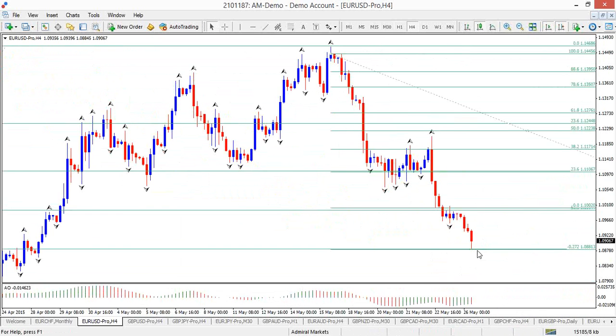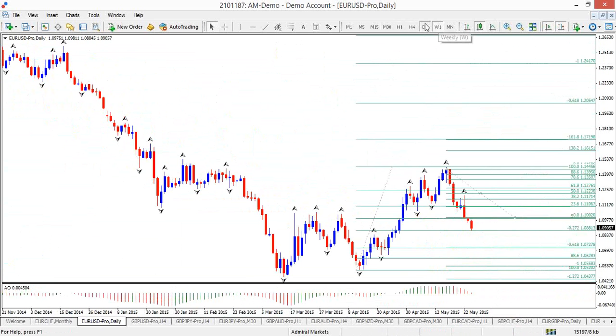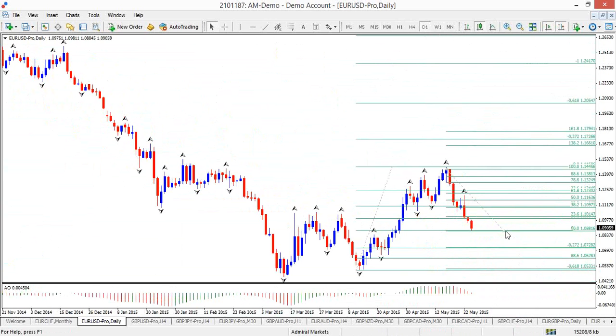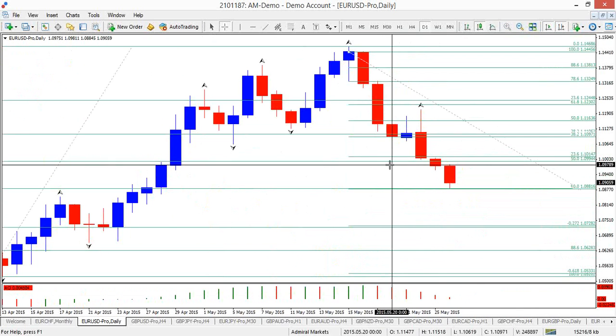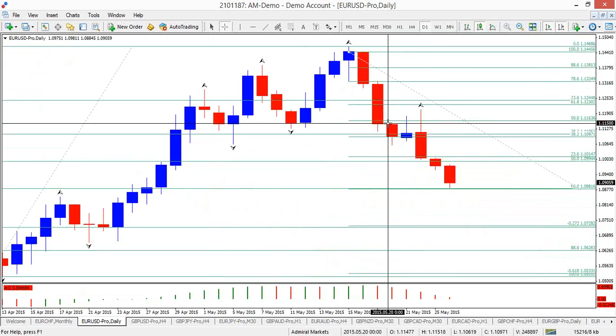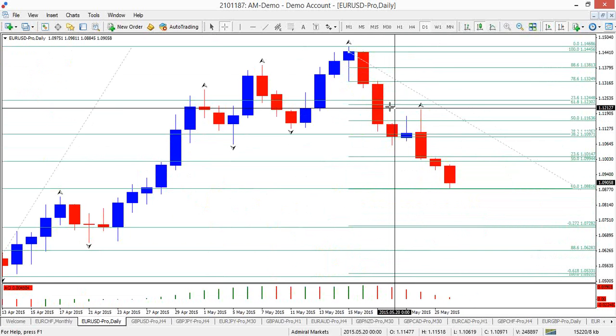So when looking at the 4-hour chart, the target for upside, well, let's see.